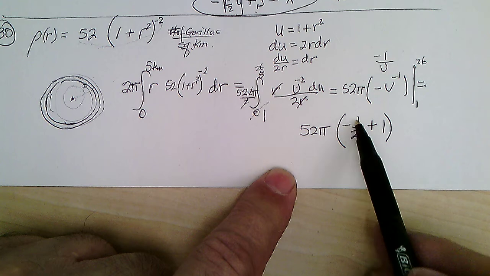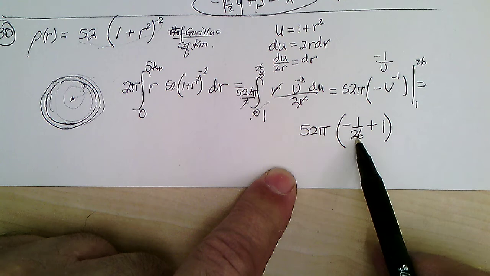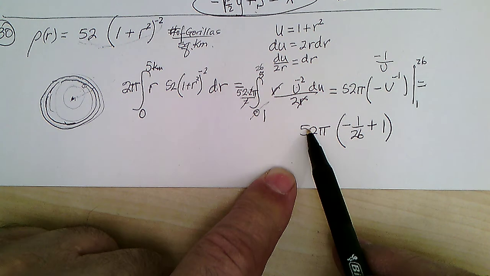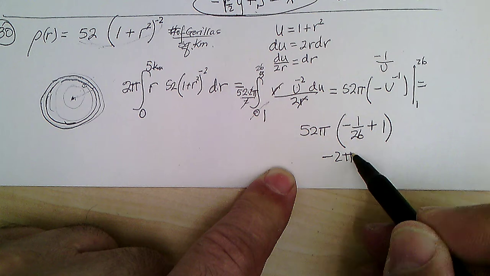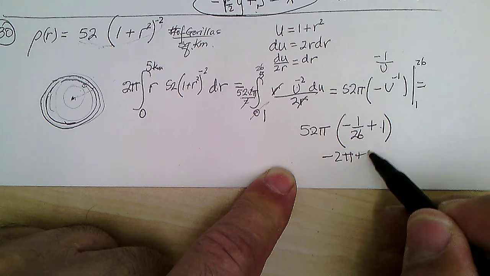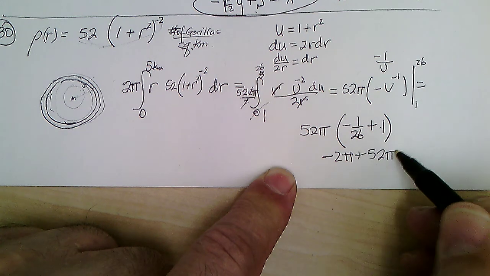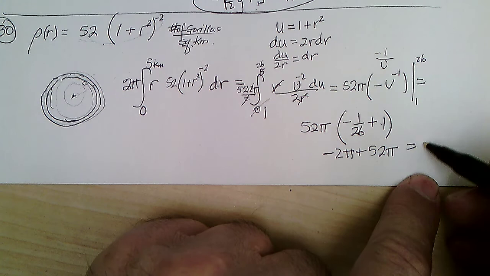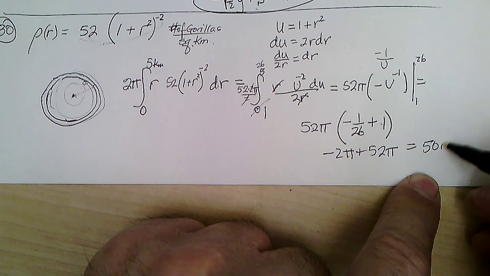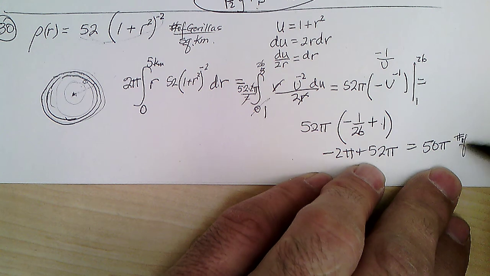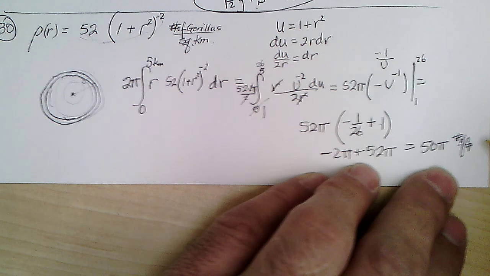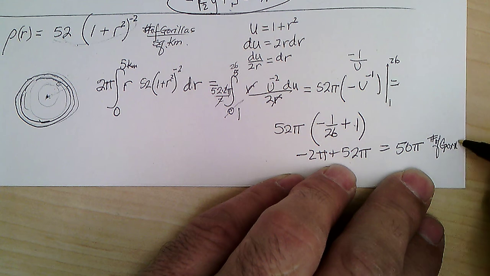So 52 pi times this: 26 goes in there 2 times, and it'd be negative 2 pi plus 52 pi, which turns out to be 50 times pi gorillas. Okay?